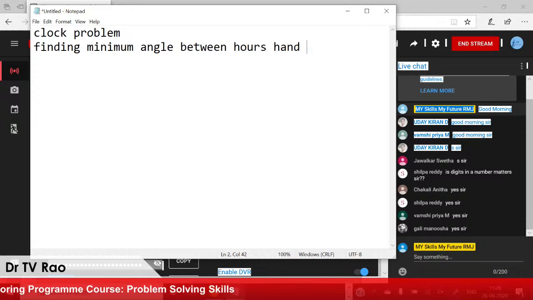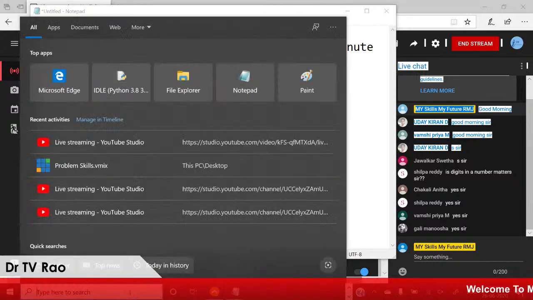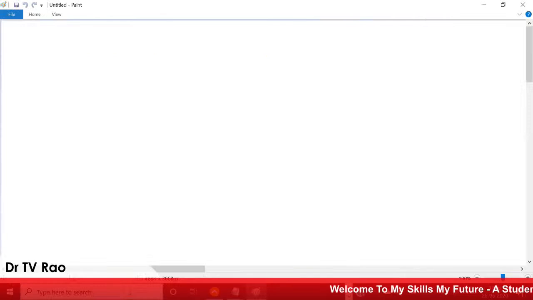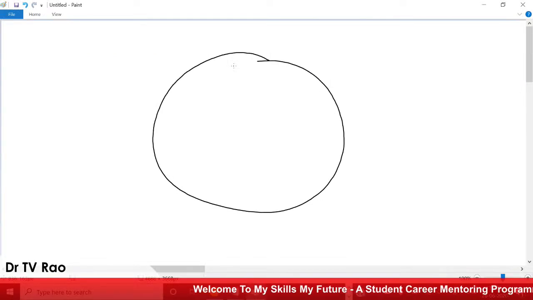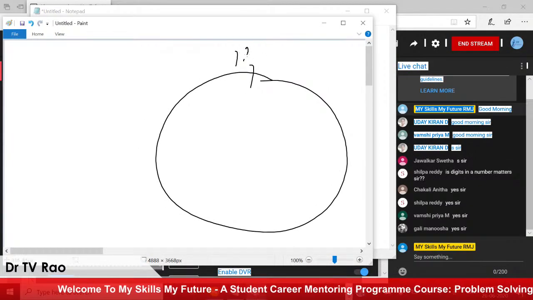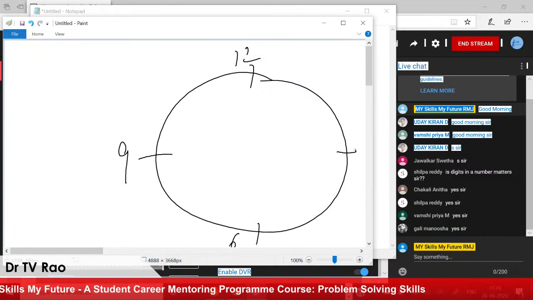For example, let us see it diagrammatically. This is a clock. Say 12, 6, 9, 3. Say what's the time now? 11:28.